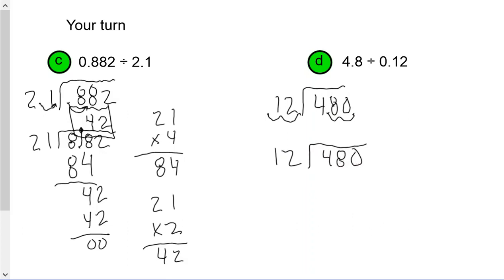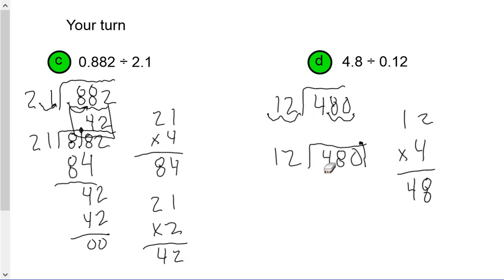Okay, so now does 12 go into 4? No, it does not. I need to bring that decimal place up. Okay. How about 48? Does 12 go into 48? 12 times, let's try 4. And we have 8 and 4.